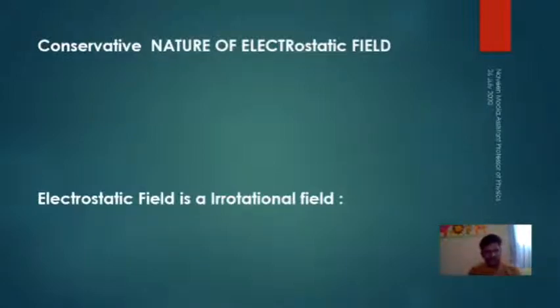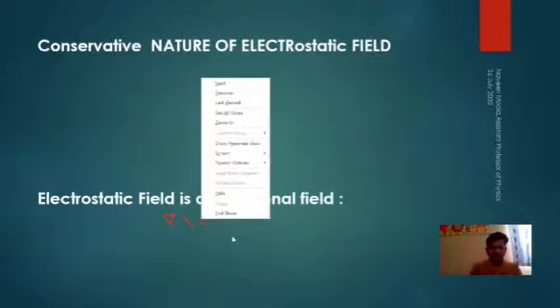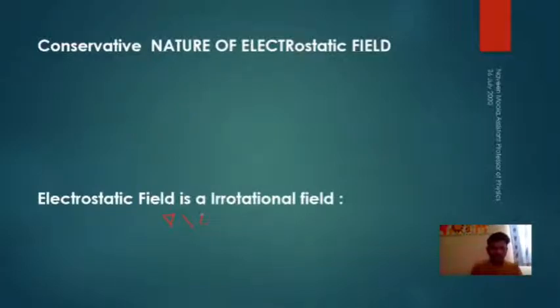Actually, we need not even do del cross E, because to show the electrostatic field as irrotational, what we need to show is del cross E is equal to 0. This is what we need to prove.